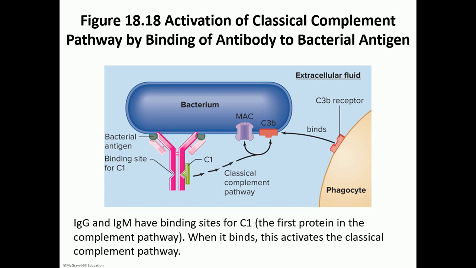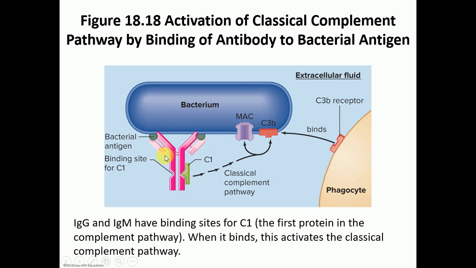There is the classical one, where you start off at C1, which is dependent on the presence of an antibody, or you could activate starting at C3. What we're talking about here is the classical activation pathway, where you need the presence of C1, that very first complement protein, in order to start the process.